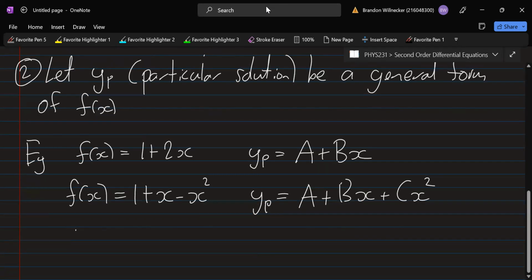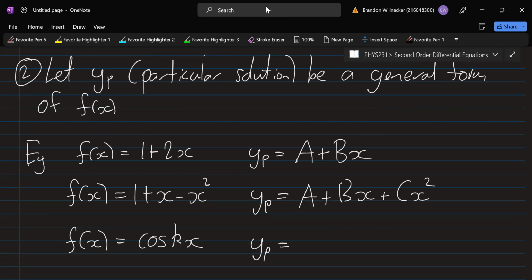Okay, we could also have trig functions. For example, if we have cos kx, then for the particular solution, we assume a linear combination of cos and sine.